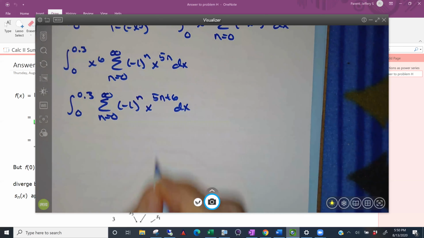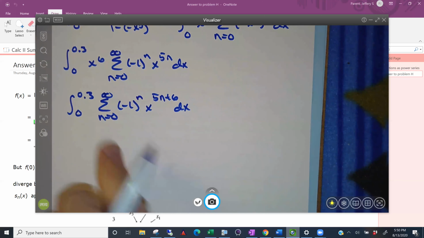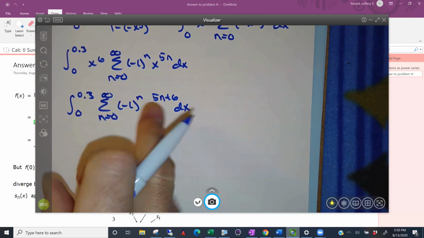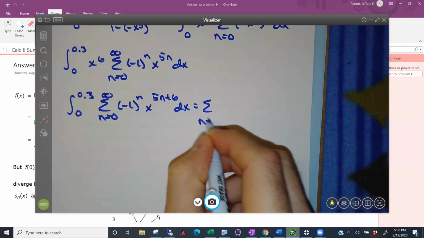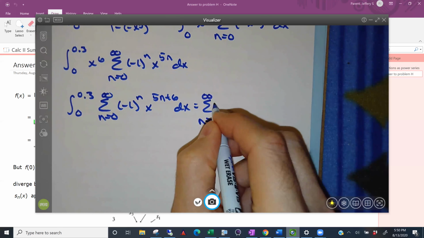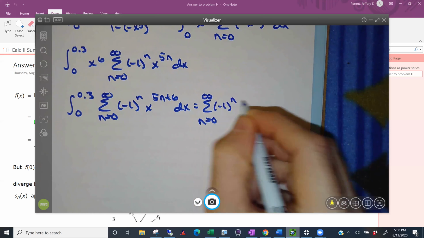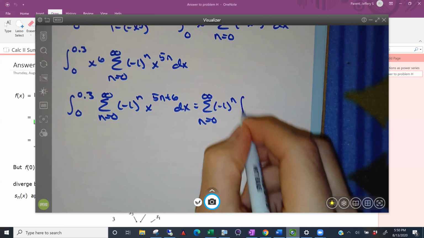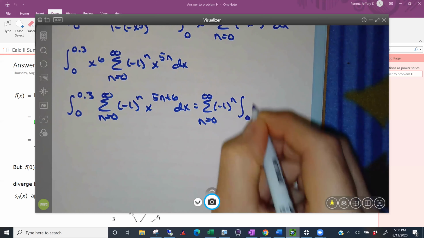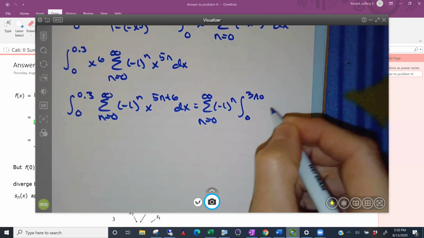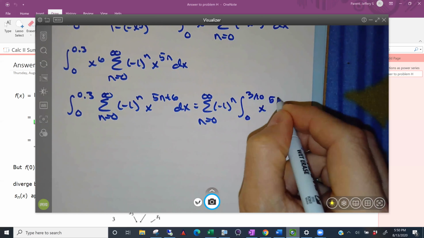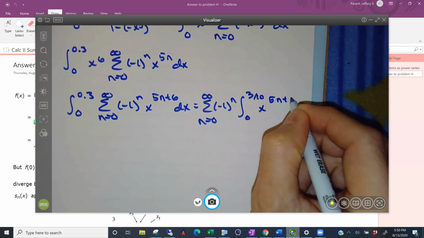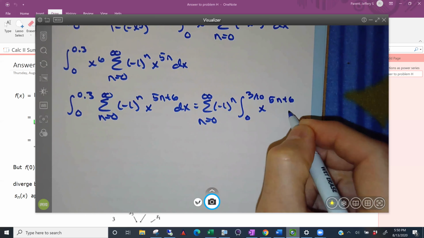I can integrate this function of x. This other stuff stays out in front. Sum from n equals 0 to infinity of -1 to the n times the integral from 0 to, let me call it 3/10, of x to the 5n plus 6 dx.